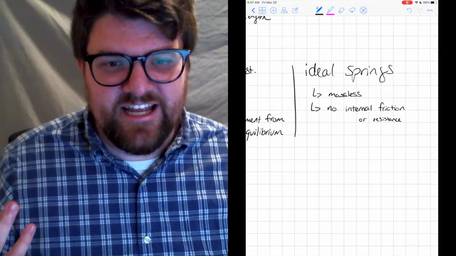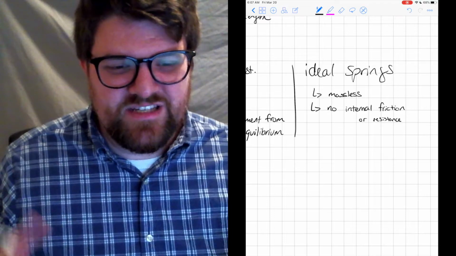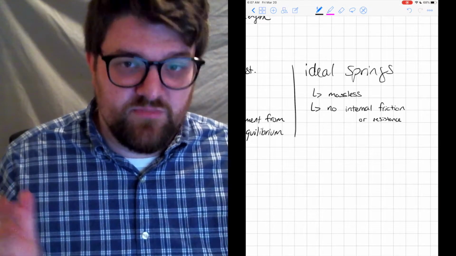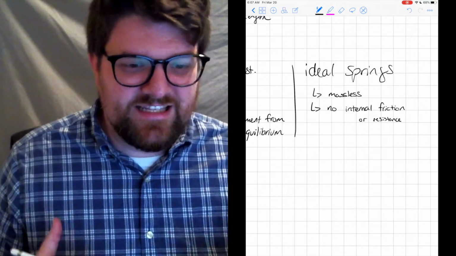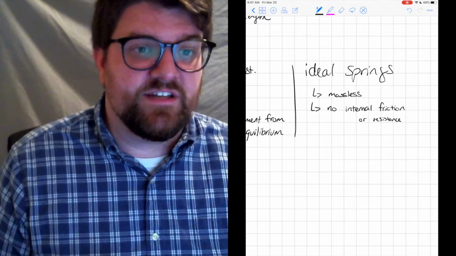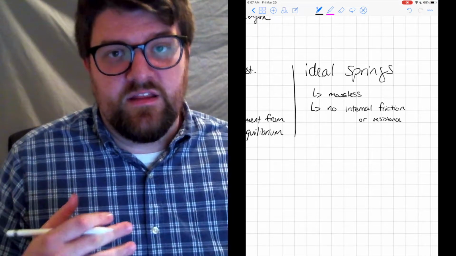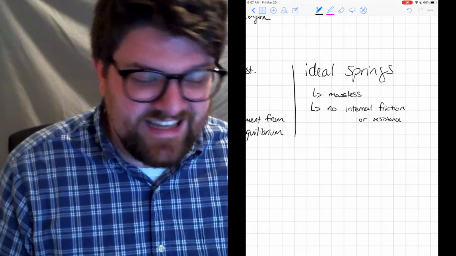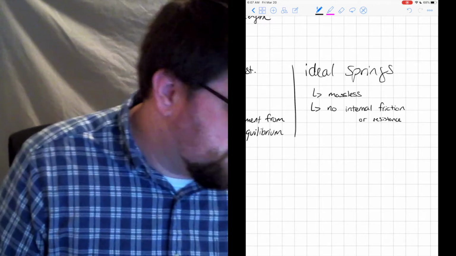It takes no energy to actually compress things. It doesn't sap any energy out of the system. We're saying that anything involving a spring, the spring is part of that system, not part of the environment.